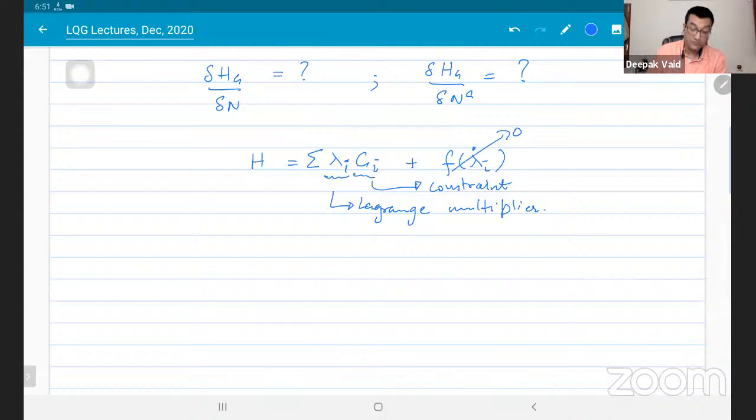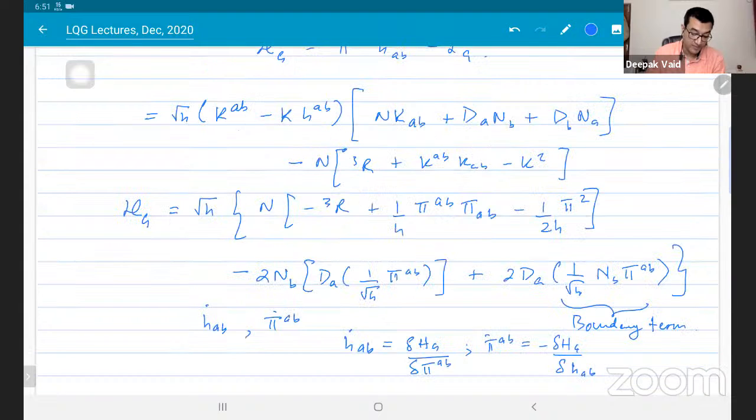Because if you want to find out what is the dynamics of this Lagrange multiplier, you would, let's say, use this expression, right? But since there is no dependence on the time derivatives, right?